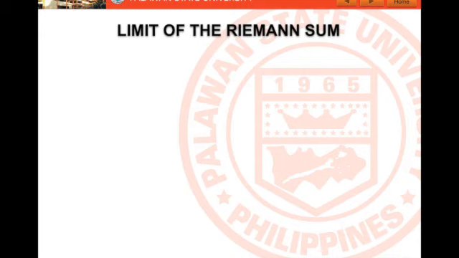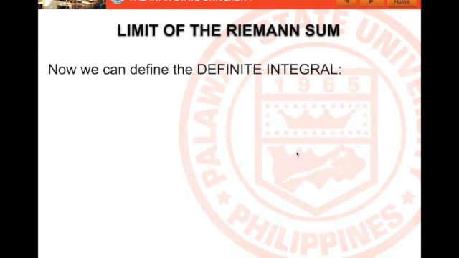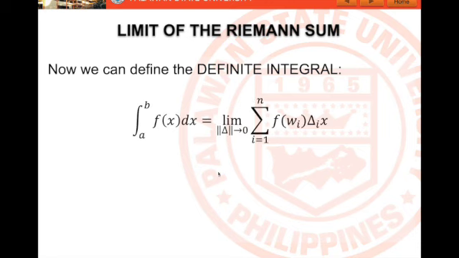Now we have defined the limit of the Riemann sum, so we can define the definite integral. So we have this equation: the integral from a to b of f(x) dx is equal to the limit of our Riemann sum equation as the norm approaches 0.